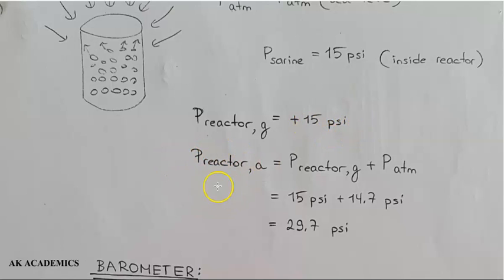And then the absolute pressure of the reactor will be given as the gauge pressure of the reactor plus the atmospheric pressure. We know the atmospheric pressure to be 14.7 psi, and the gauge pressure of the reactor to be 15 psi. If you add both of these together, you can easily find the absolute pressure of the reactor, and that gives us 29.7 psi.